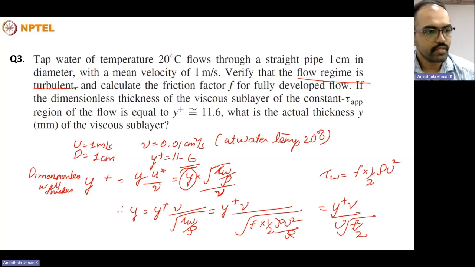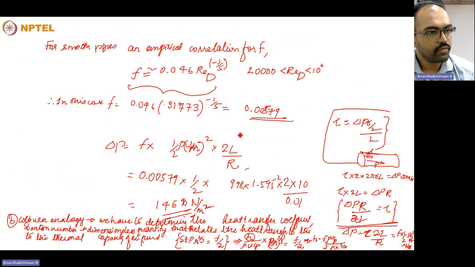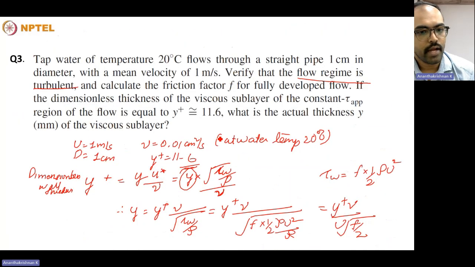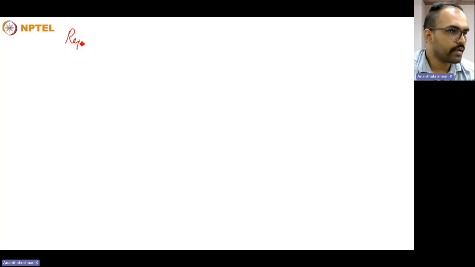In the previous question, we used the value of the friction factor from this correlation because the Reynolds number was greater than 20,000. But in this case, we do not know the value of the Reynolds number, and we also do not know whether we can directly apply the correlation straight away. So first of all, we need to calculate the Reynolds number. It is UD divided by nu.